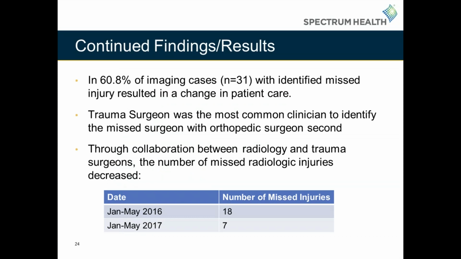And we also wanted to see how many patients had a change in care affected by this missed injury that was identified later. And we found that almost 61%, the N being 31, had a missed injury resulting in a change of care.